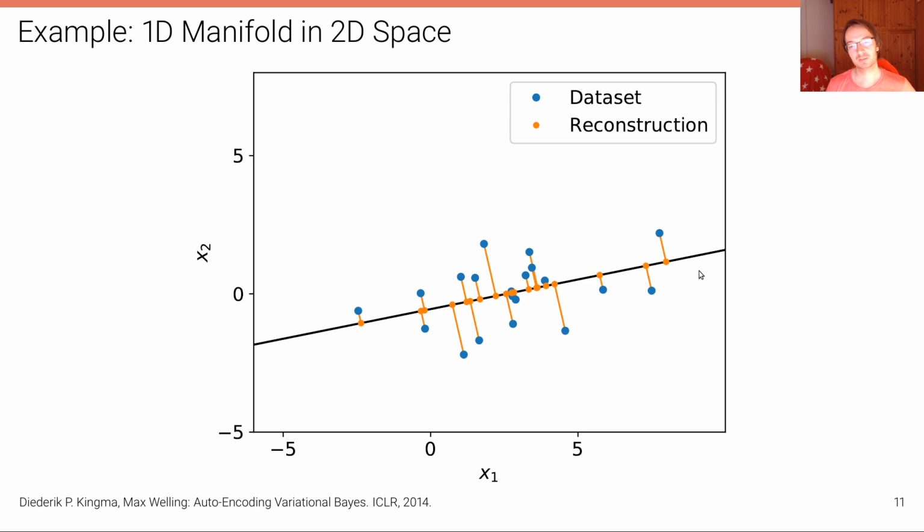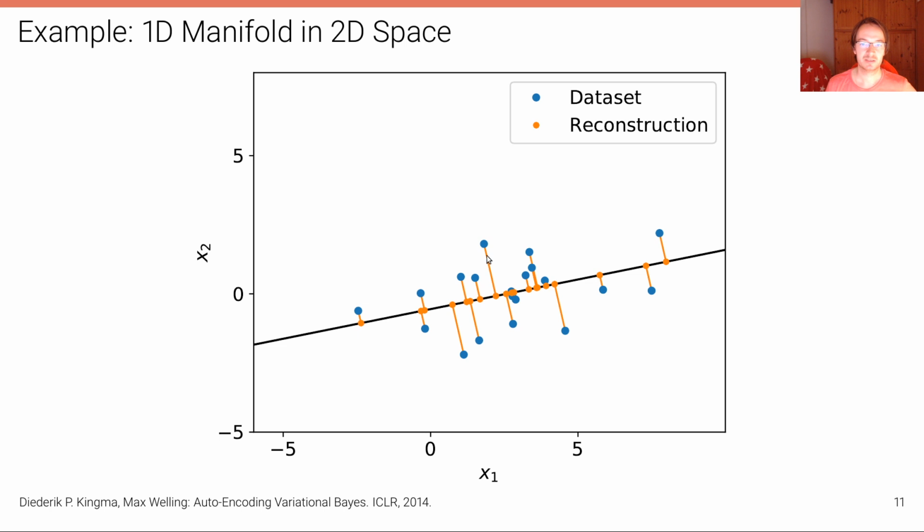And now the goal of such a latent variable model, a linear latent variable model, is to find the best linear model such that the reconstructions are as close as possible to the original data points. You can see that this is the case here, as for this particular line, projecting onto that line means that the reconstructed points are as close as possible to the original data points.